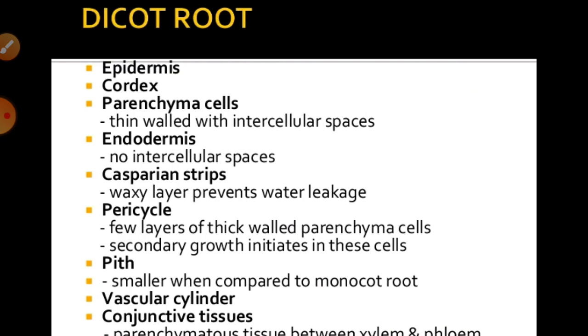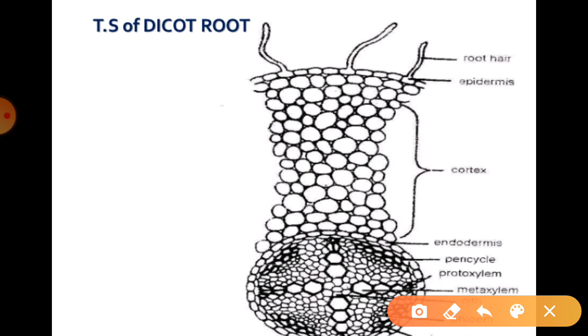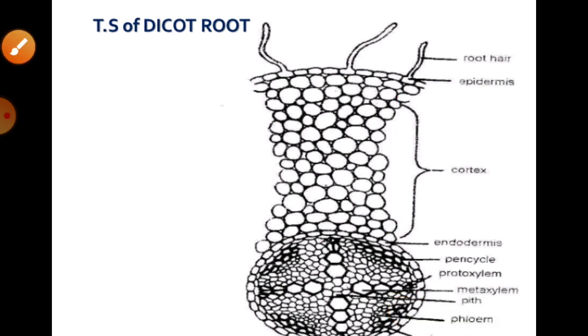If we talk about the dicot root, you can find the root hairs, epidermis, the cortex, which is this whole region, endodermis, pericycle, protoxylem, and the metaxylem, the pith and the phloem clearly, and the xylem is also present. As you can see, the protoxylem and the metaxylem are represented. So these are the different sequences.